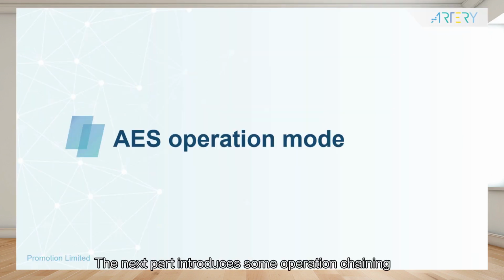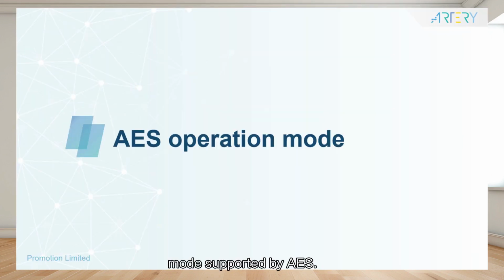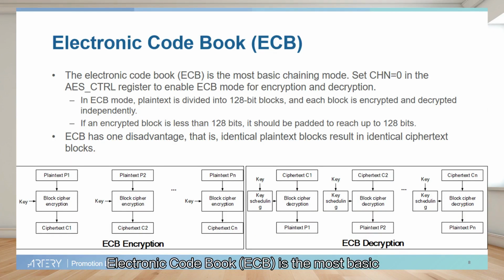The next part introduces some operation chaining modes supported by AES. Electronic Codebook (ECB) is the most basic chaining mode, which is enabled by setting CHN equals 0 in the AES control register to perform encryption or decryption.